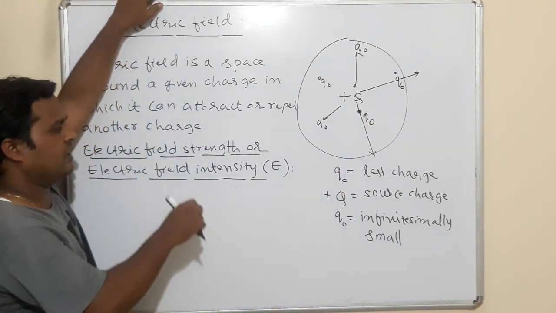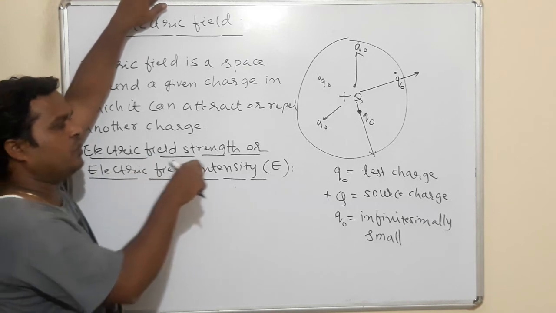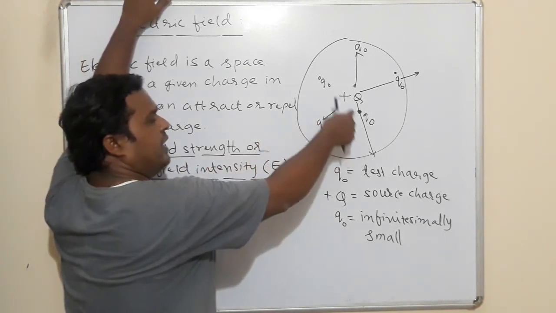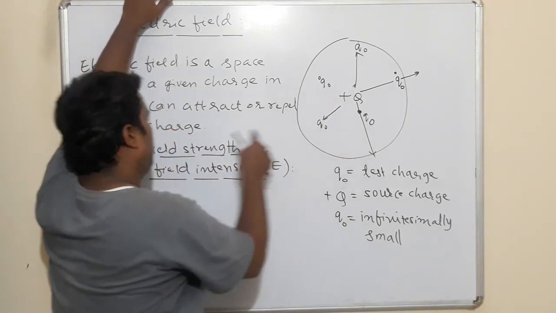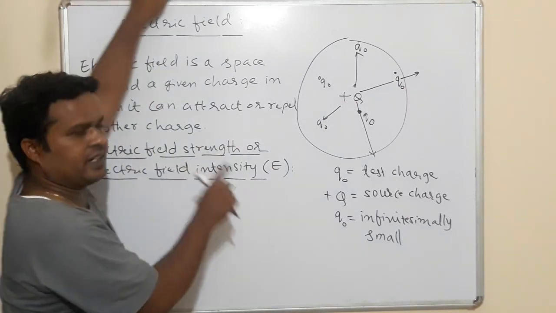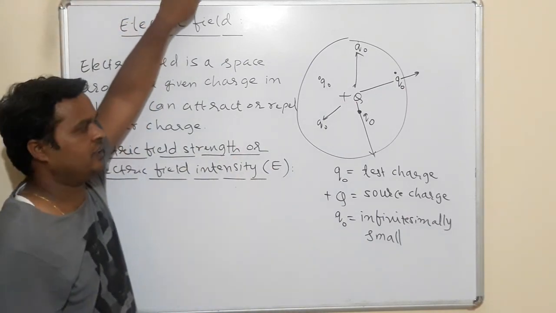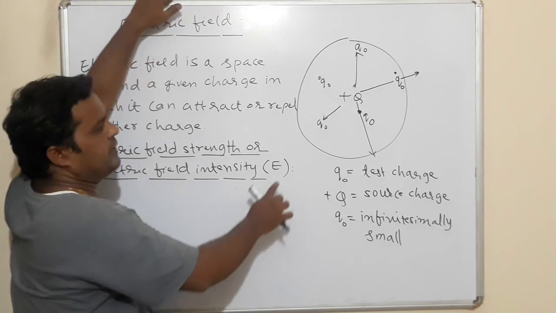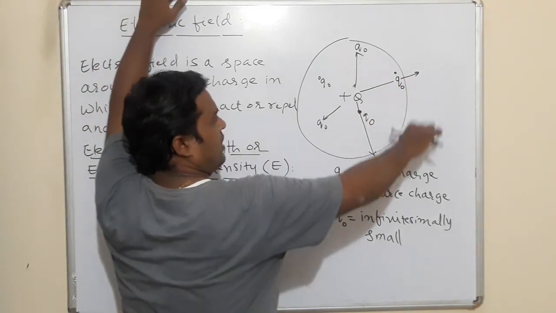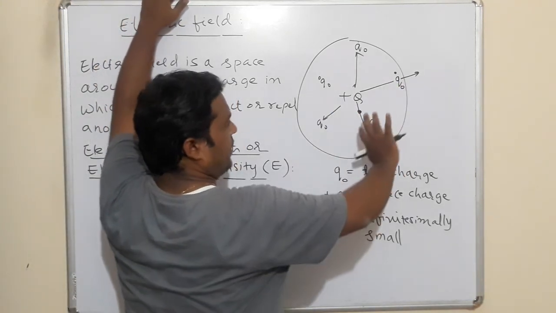That means the force experienced by the charge placed at a particular point will define the electric field strength at that point. No doubt this entire region is called electric field. The whole space is electric field.